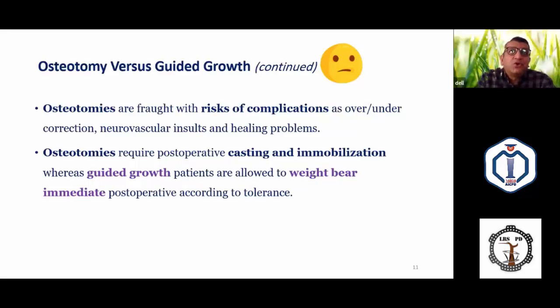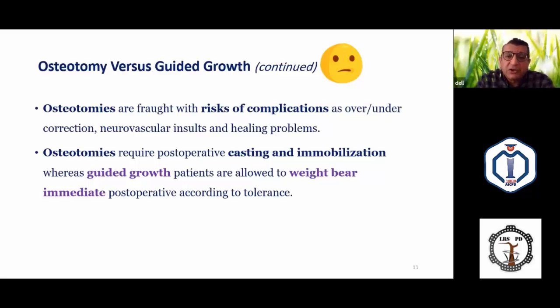You can face some sort of neurovascular insults, not necessarily with severe consequences, and healing problems, especially depending on the type of wedge, if it's an opening wedge, adolescence, and so on. So we have to bear in mind that osteotomies have complications.